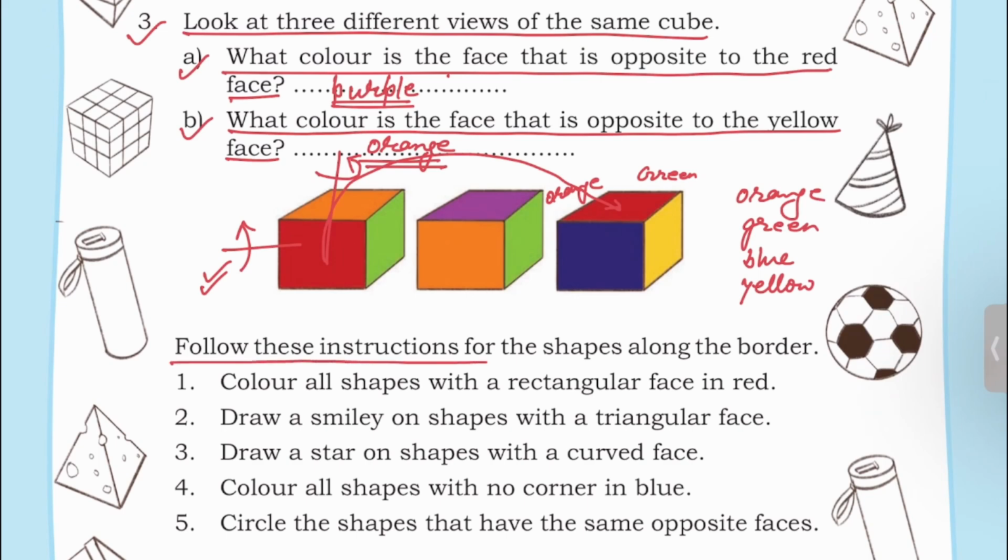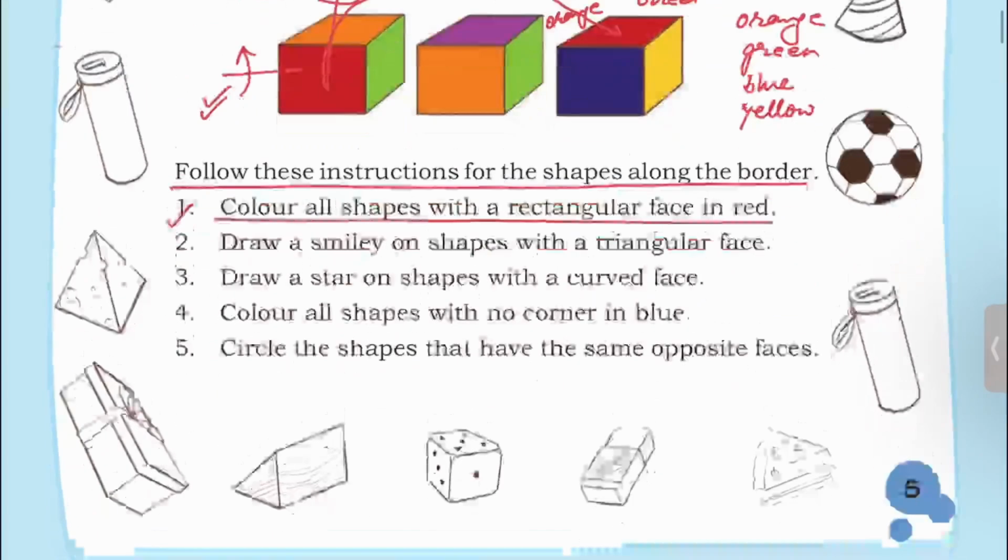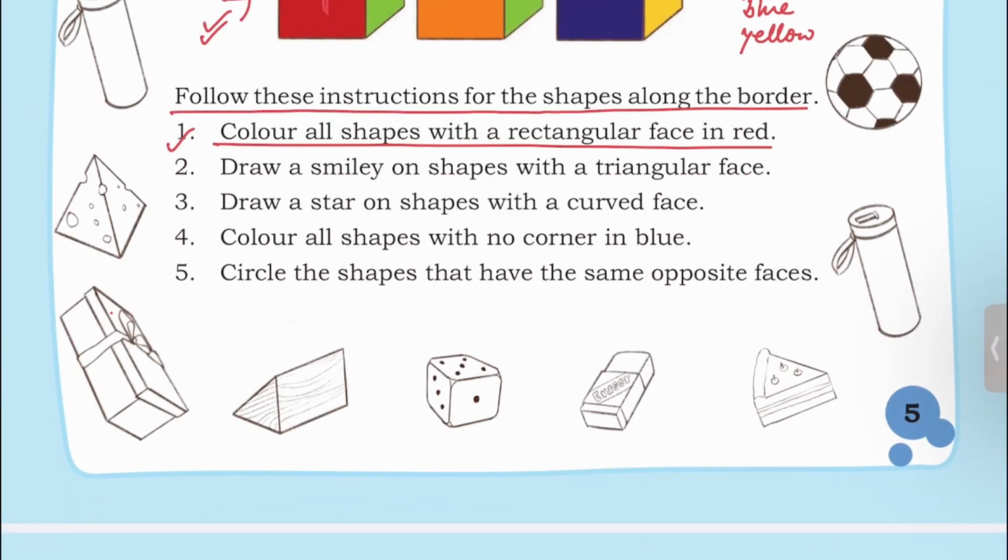Follow these instructions for the shapes along the border. 1. Color all shapes with a rectangular face in red. You have to color these shapes having a rectangular face in red like this.